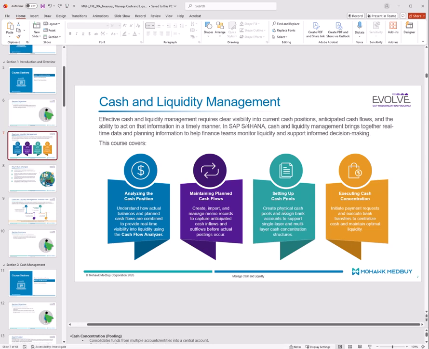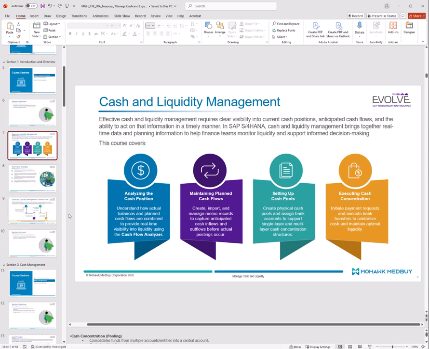For example, if from the business account we transfer money to the general account, the business account is our sub account and the general account is our header account. This is single layer. Multi-layer is where there are more than two levels of header accounts. This is not in our case, so we will stick to the single-layer structure, and we will see this when we do the hands-on exercise.